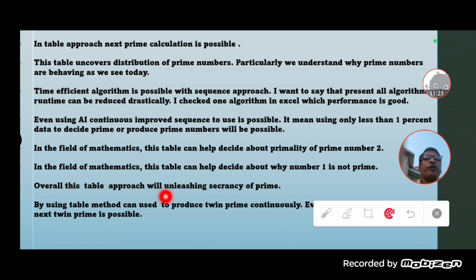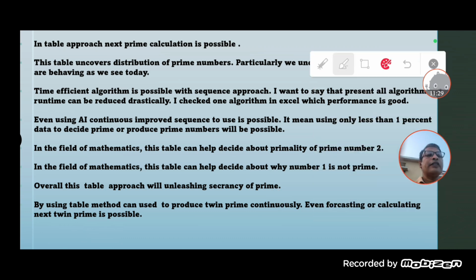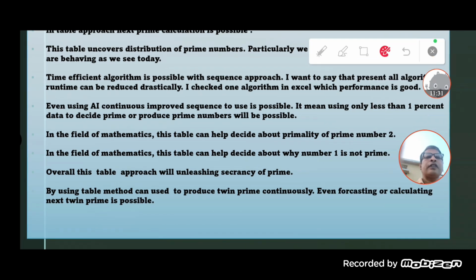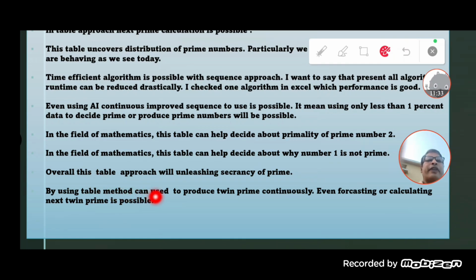Overall, the table approach will unleash the secrets of primes. Then this table method can be used to produce twin primes continuously. So this is the major finding.